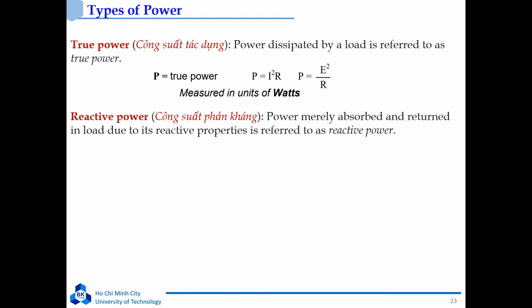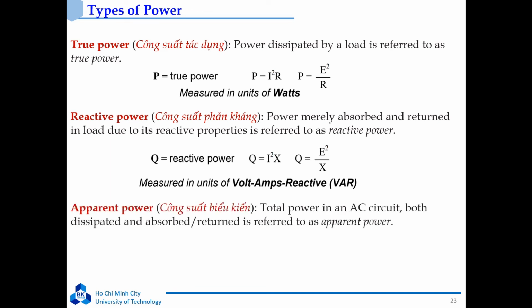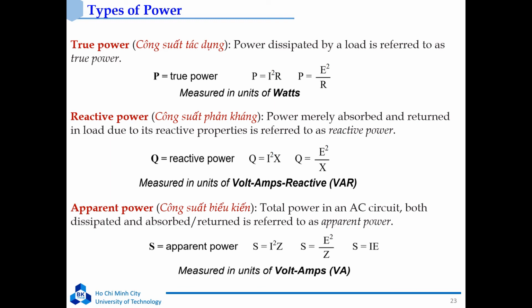The power absorbed and returned in the load due to its reactive property is referred to as the reactive power. It's a function of reactance X, and it has this formula. And the last one is apparent power. It is the total power of AC circuits, both dissipated and absorbed-returned. It's a function of impedance, and we have this formula.